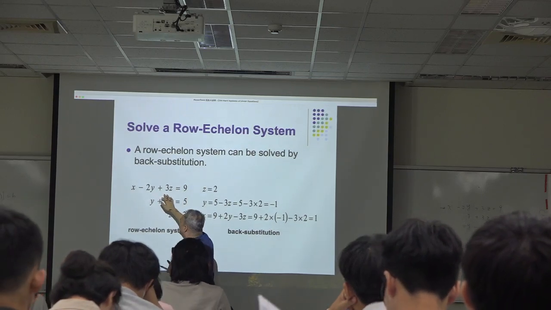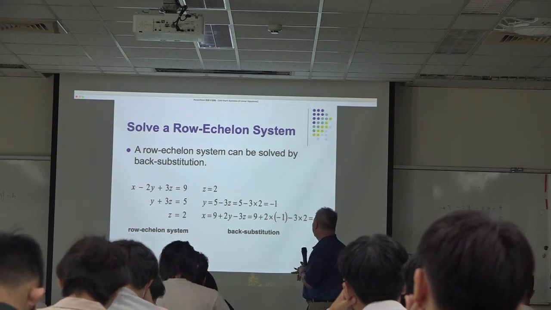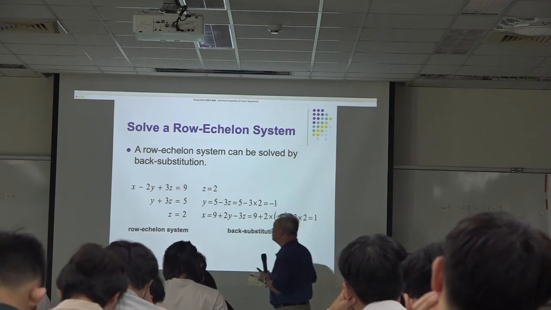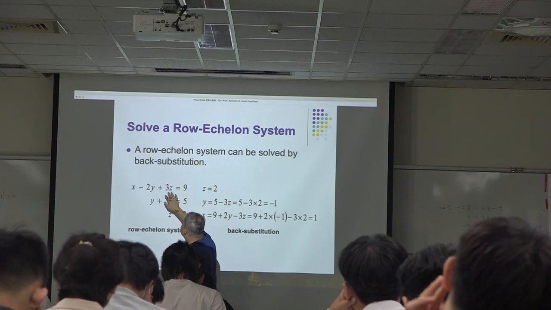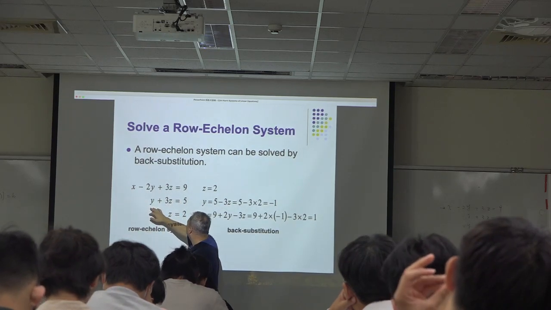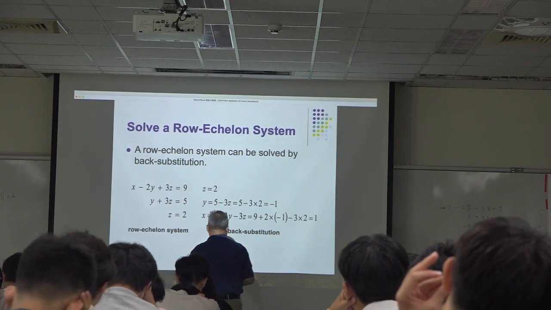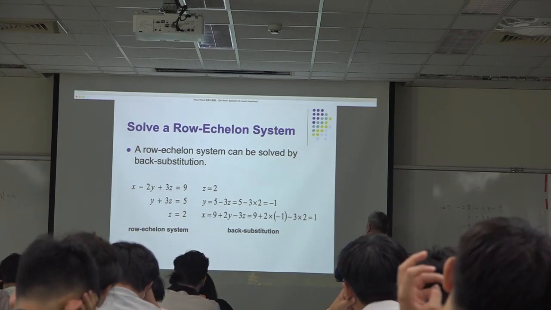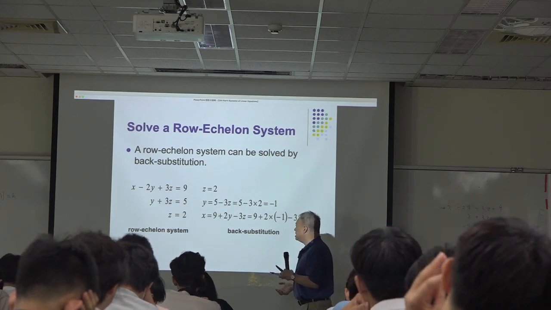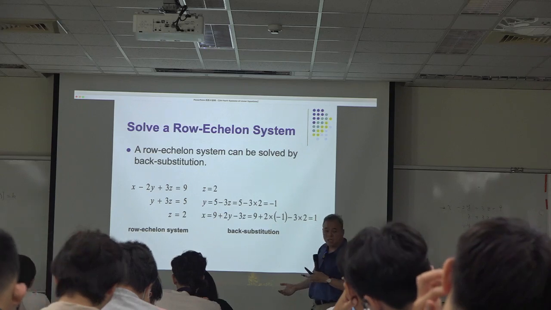Sorry, x must be 1, because 6 and -1 ... 2 plus 6 is 8. So you use backward substitution. You can easily get z is 2, y is -1, x is 1.